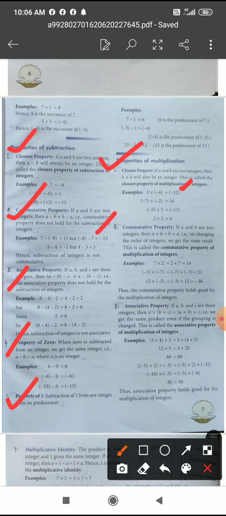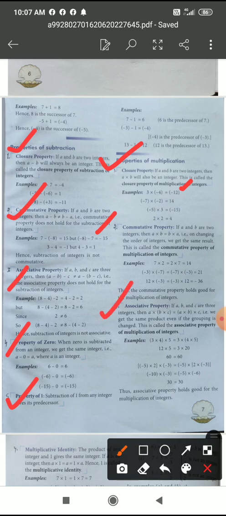Then number 2, commutative property. If a and b are two integers, then a multiply b equal to b multiply a. That is, on changing the order of integers, we get the same result. So commutative property holds good for the multiplication of integers.